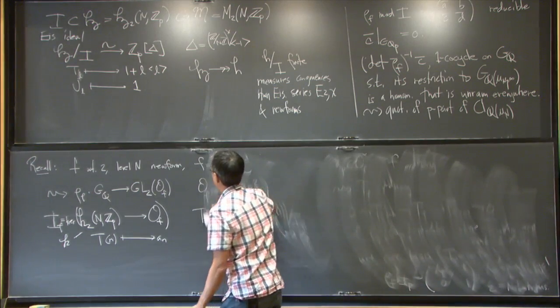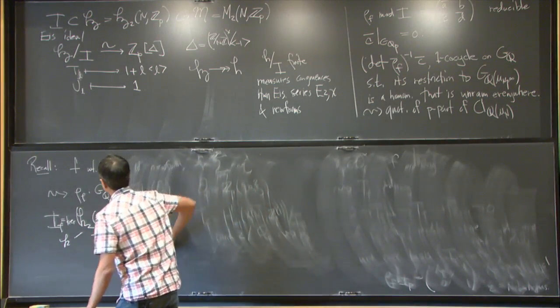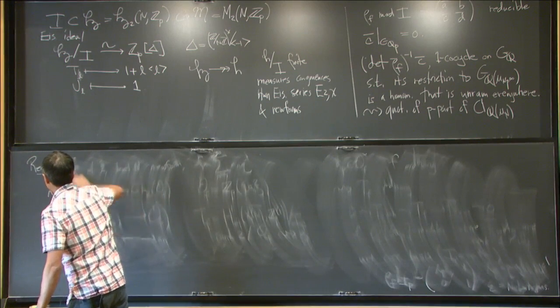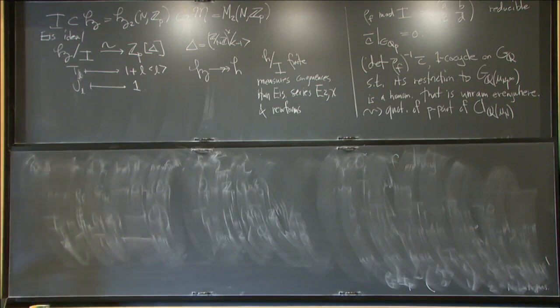If you like, you already see that the eigenspaces of H mod I are already local rings.